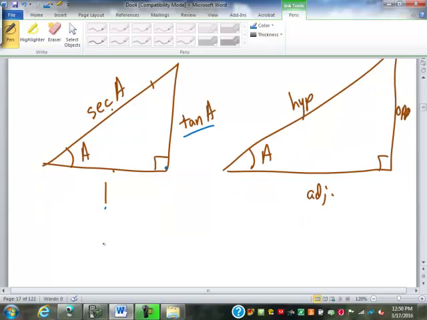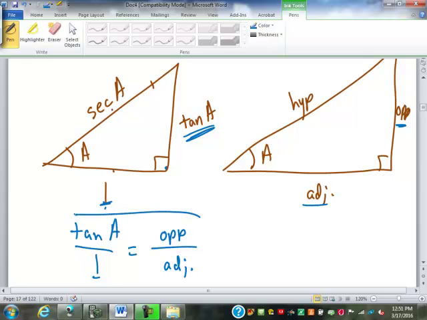Just like I did last time. So I'm going to put the tangent of A over 1. What side of the other triangle corresponds to the tangent? Opposite side. And what side corresponds to the 1? The adjacent side. So the tangent of an angle is equal to the length of the opposite side divided by the length of the adjacent side.